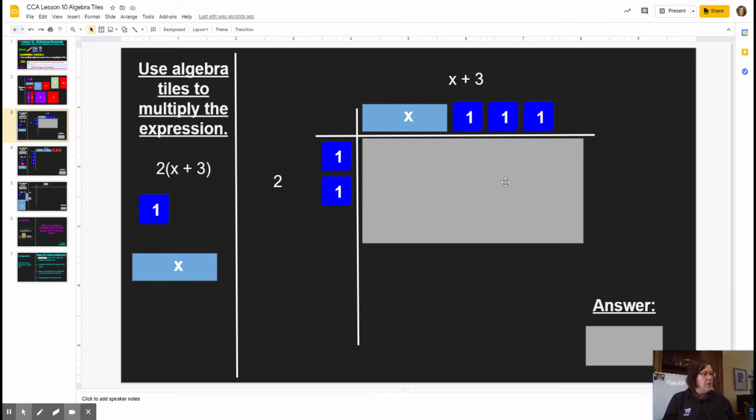Where this gray rectangle is, by the way, there's stuff underneath it. So right now, just leave underneath that blank.